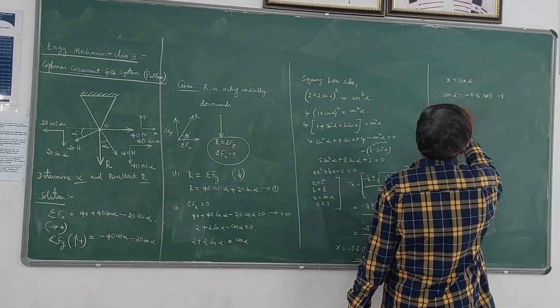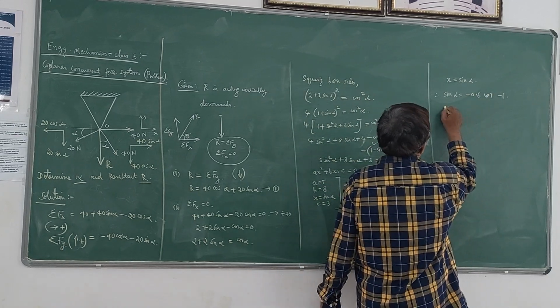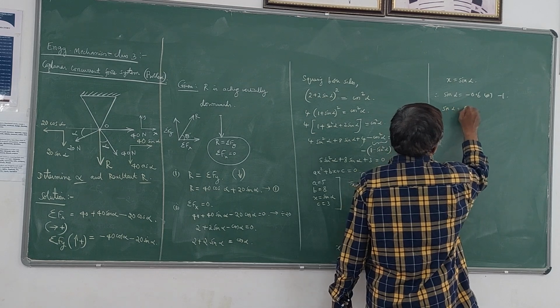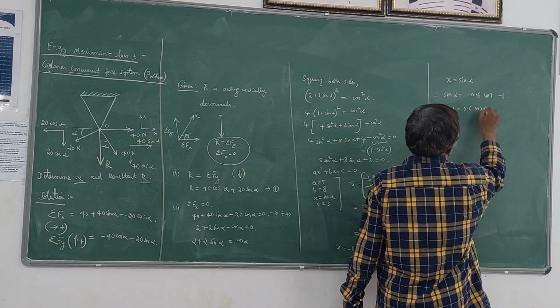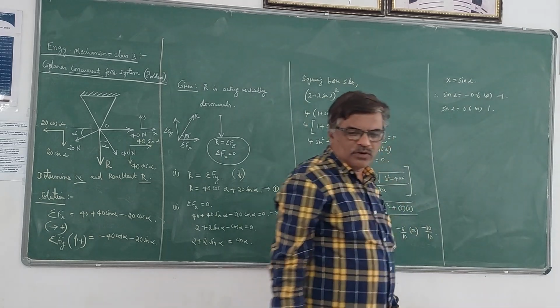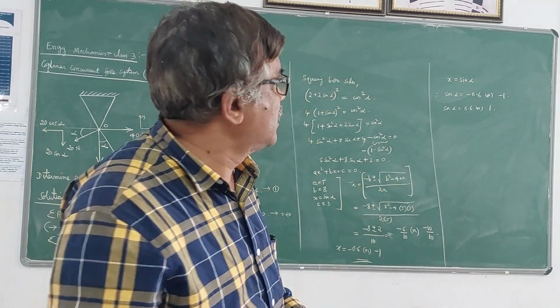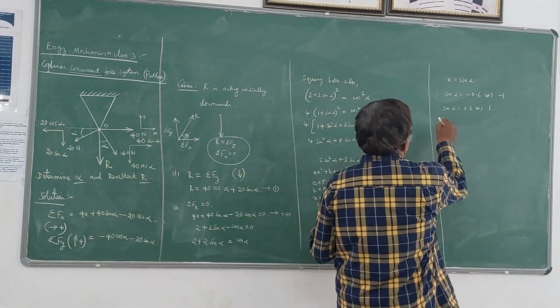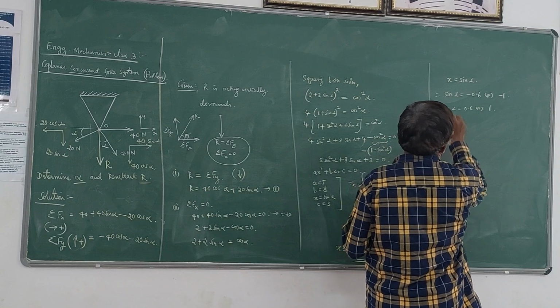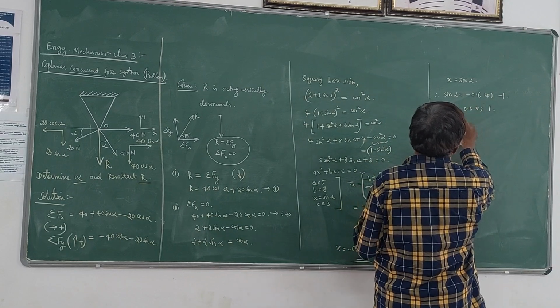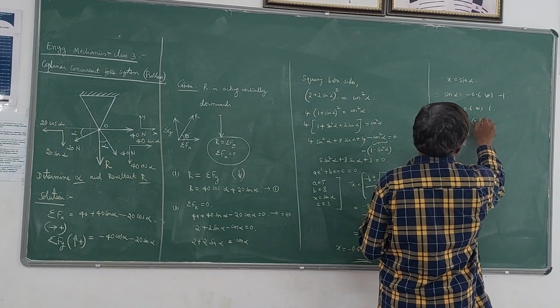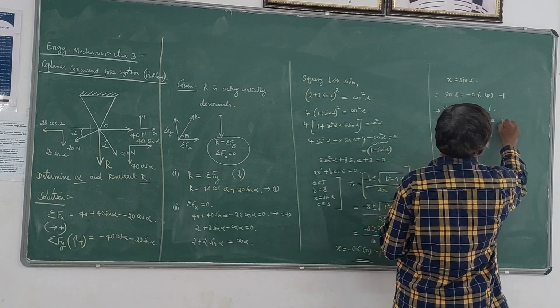Of course, let me take the modulus of this. Therefore sin alpha is equal to 0.6 or 1. If you use the modulus, you are going to get alpha as sin inverse of 0.6 or sin inverse of 1.